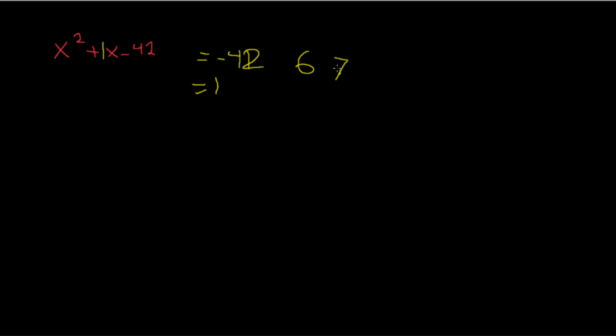Those are 1 apart. So, thinking, how do we get 6 and 7 to multiply to negative 42, but to add to 1? Negative 6 plus 7 equals 1. That's good. And then negative 6 times 7 is negative 42. So that's looking good right there.